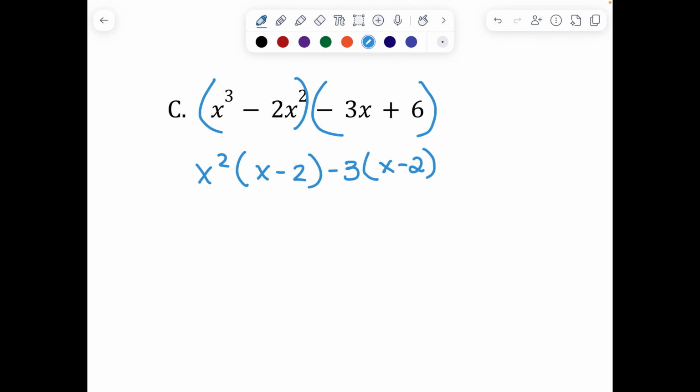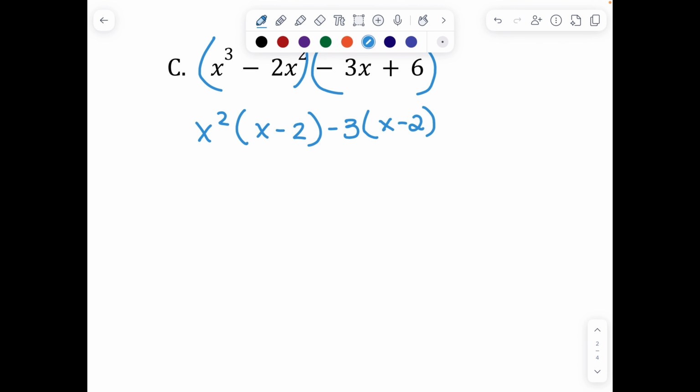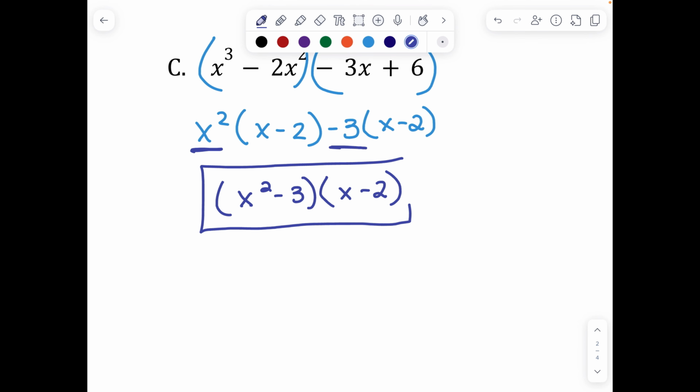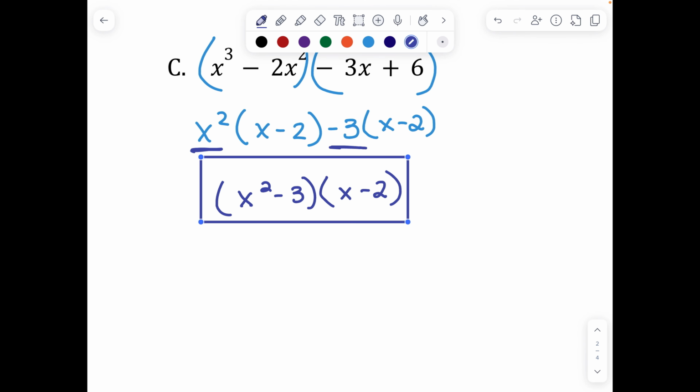I'm left with x minus 2. So I take my GCFs. So I get x squared minus 3 times x minus 2. Then I just need to check, can I factor x squared minus 3 more? The answer is no, I cannot. So our answer is just x squared minus 3 times x minus 2.